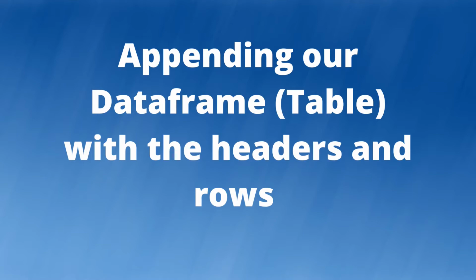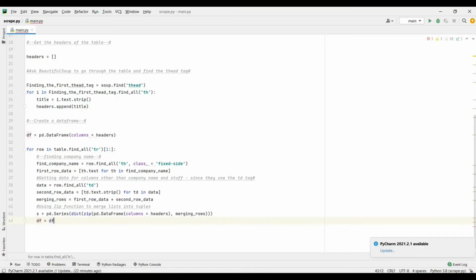So I'm going to write df is equal to df.append, we're appending our data frame with what? With this new series. And then in the second argument, I'm going to write ignore_index equal to True. So this will allow the regular index to continue.